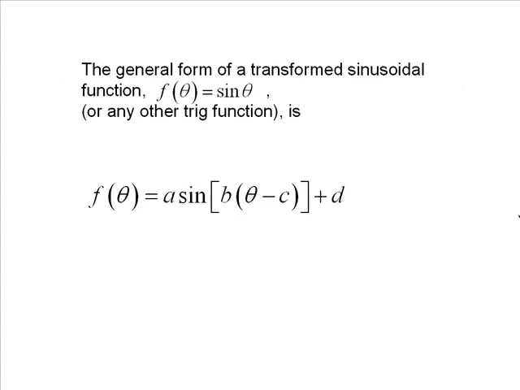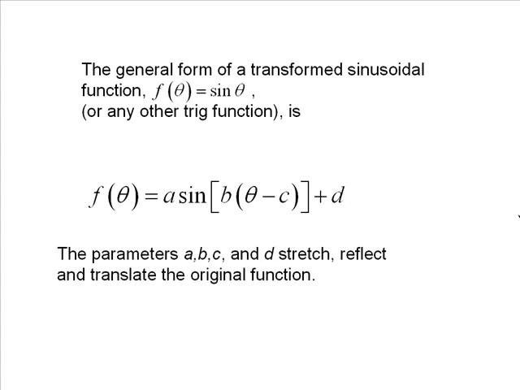So if you look at the general expanded form, f of theta, I'm using function notation, but I could just call that y, is equal to a sine bracket b theta minus c bracket bracket plus d, where theta is the x variable. And the transformations behave very much the same as what we did earlier, as I said.